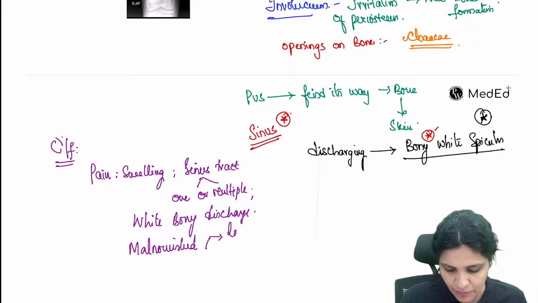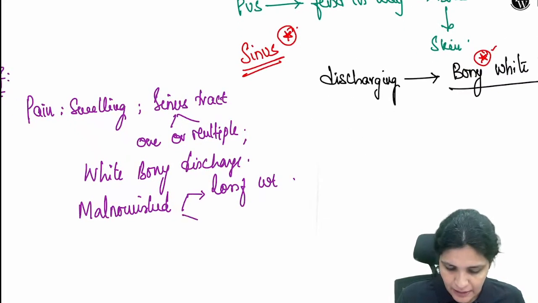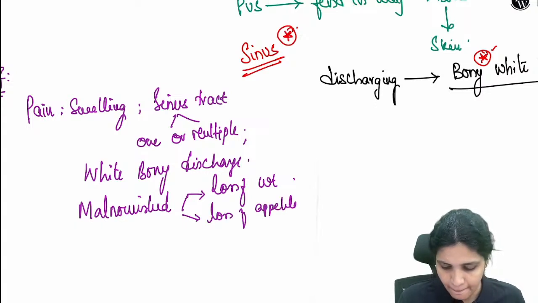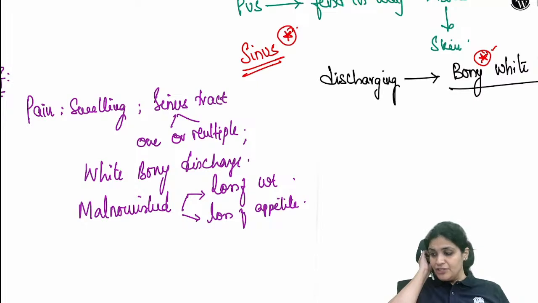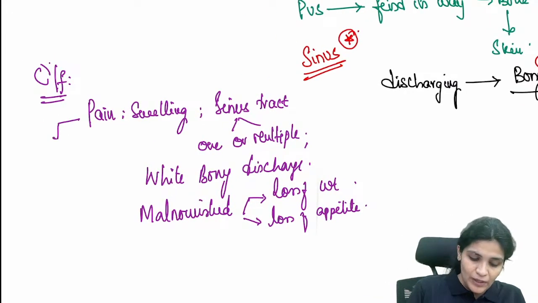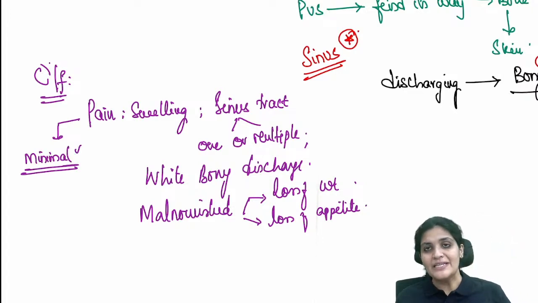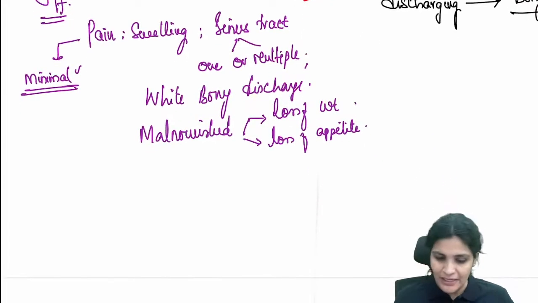And there would be some loss of weight because it is a chronic thing, and loss of appetite. These are all the clinical features where the patient usually comes. But here the pain is very, very minimal. Usually they present with the sinus tract.